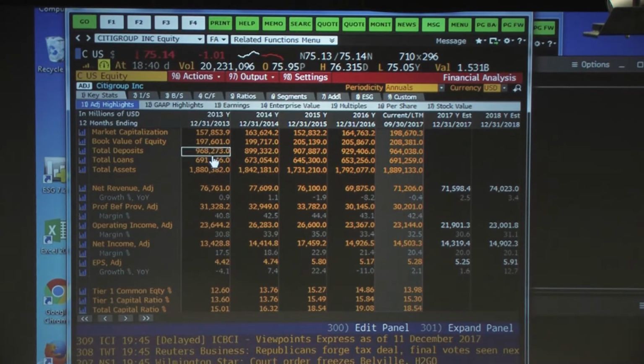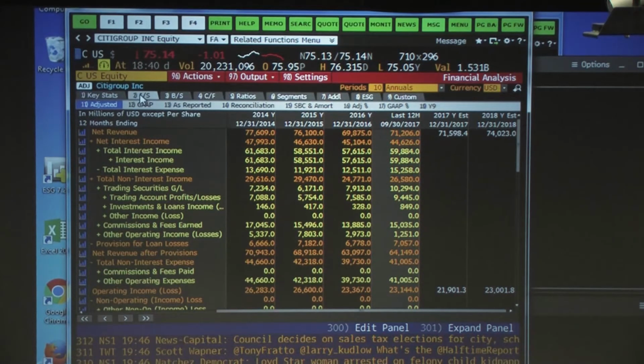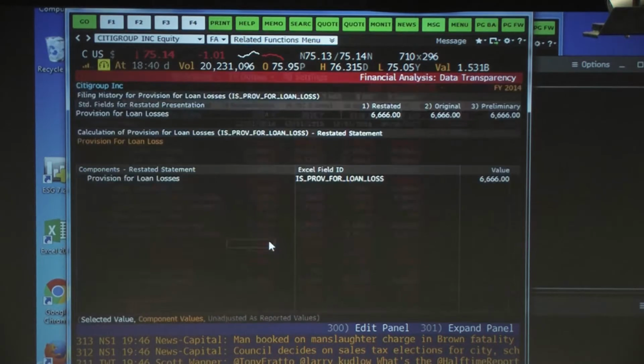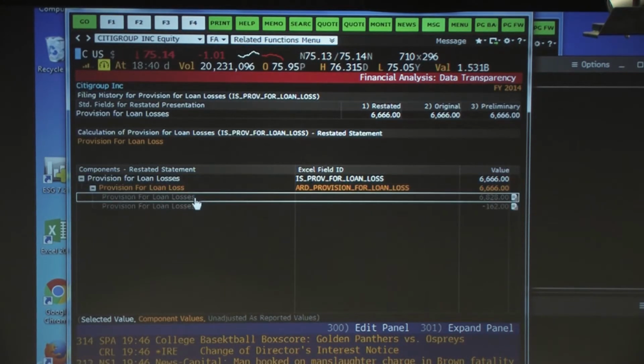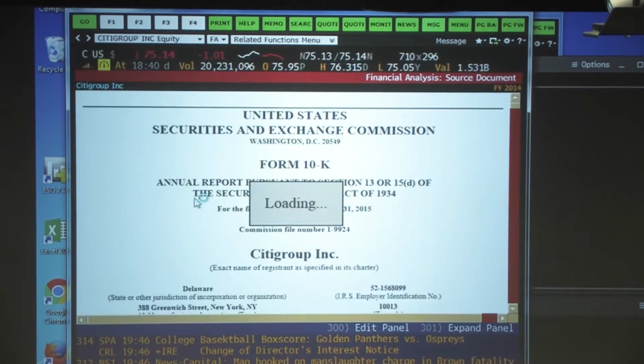Bloomberg has the financial statements already inputted into their system. What's really cool about Bloomberg is, let's say you want to know where Bloomberg gets this number for provision for loan losses. If you click on it, and then click on it again, if you click on it multiple times, it'll open the 10K.